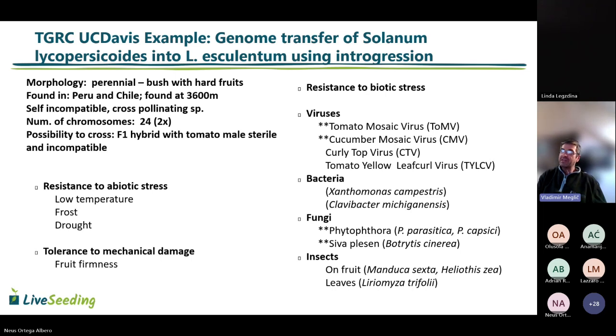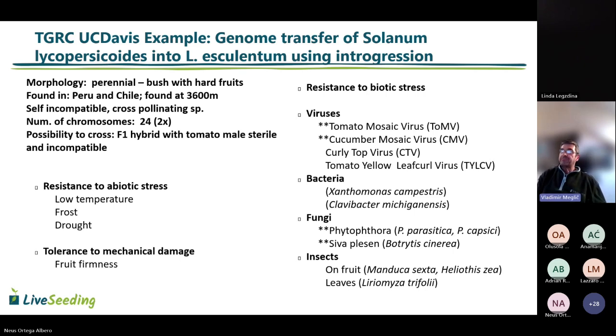But unfortunately, most of the crosses produced are male sterile and incompatible. It also has resistance to abiotic stress, low temperature, frost, and drought. It has tolerance to mechanical damage and really firm fruits. And when looking at biotic stresses, it's tolerant or resistant to several viruses, bacteria, fungi, and insects.